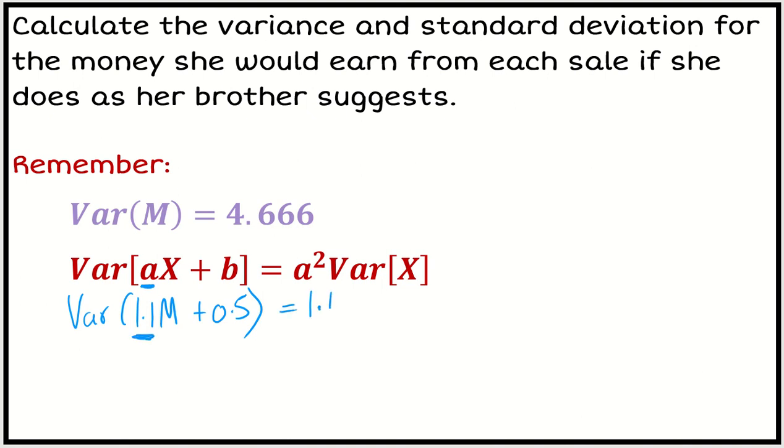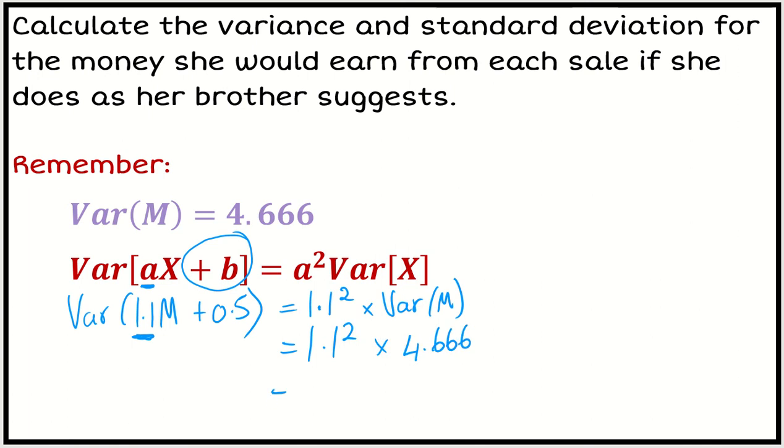So I'm going to say 1.1 squared times the variance of M. And remember, whatever amount we add or subtract is not going to affect the variation, so we don't need to worry about that. So 1.1 squared times the variance of M, which is 4.666. Multiply that out, and that gives us a variance of 5.646. Remember, no units. Variances have no units.